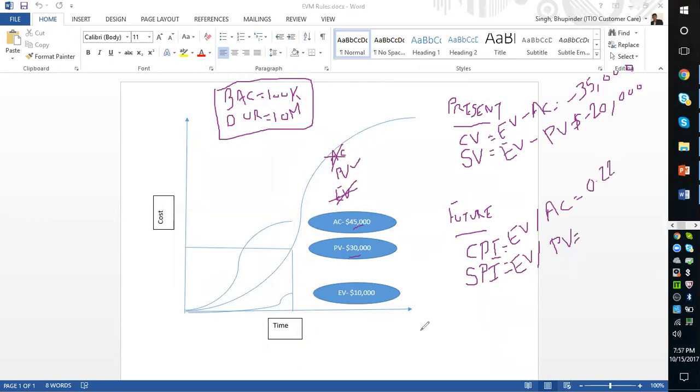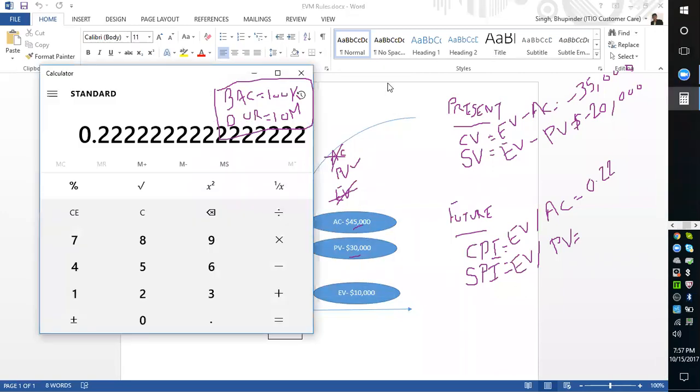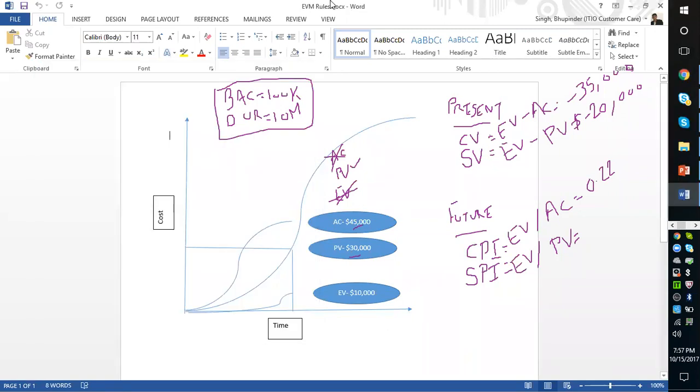And 10 divided by 30 should be 0.33. Right, this is 0.33.